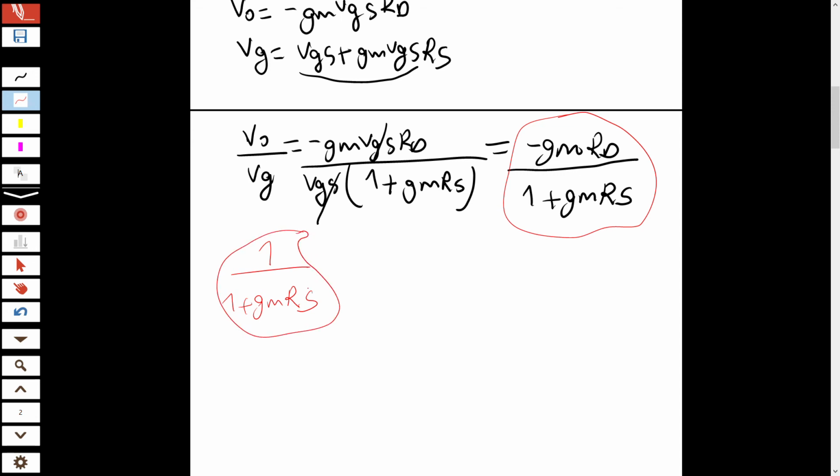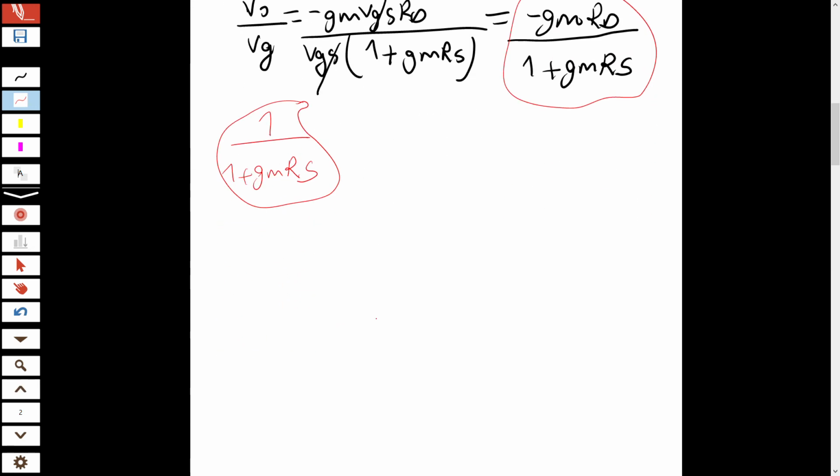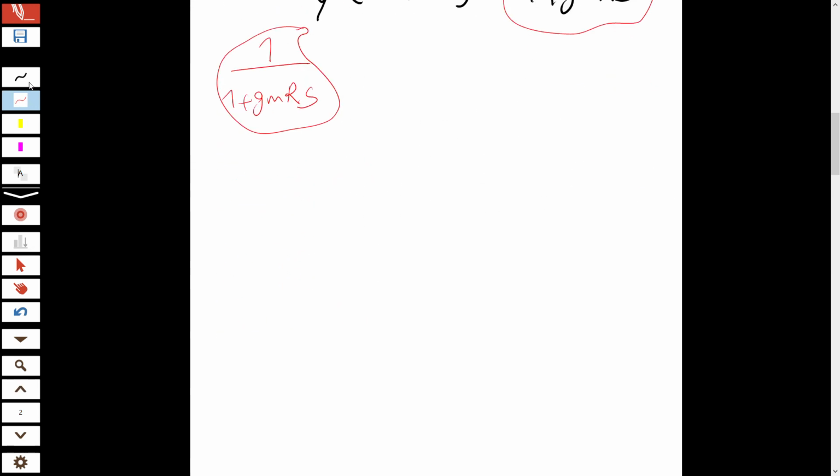So how can I avoid this? It is simple, guys. To avoid this, you can make this. Here's my V input.